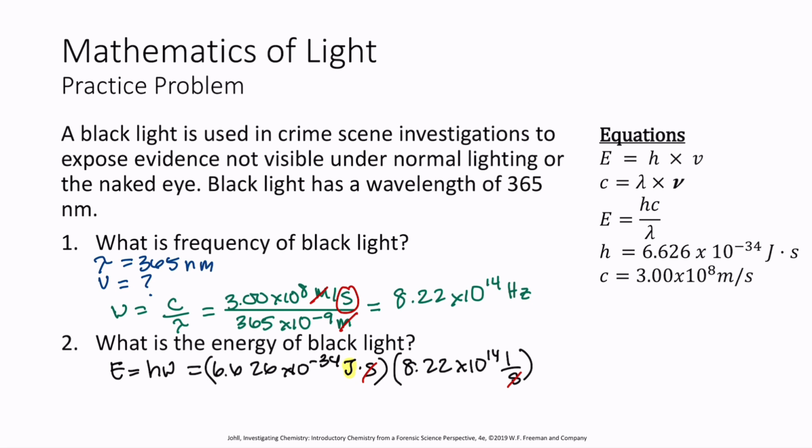What do you all get? Yep, that is what I get as well. 5.45 times 10 to the negative 19 joules.